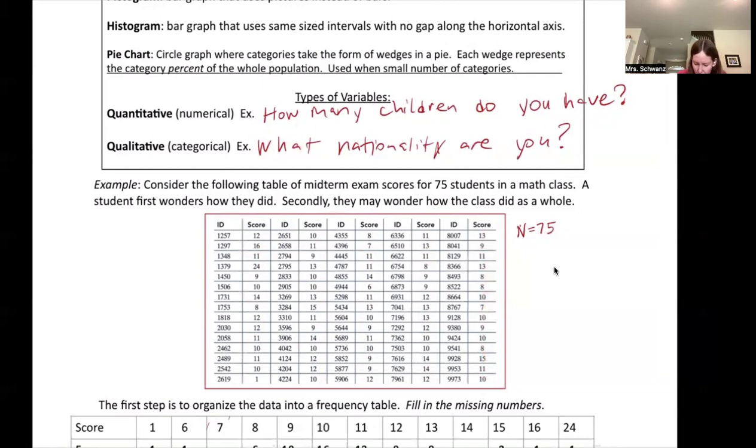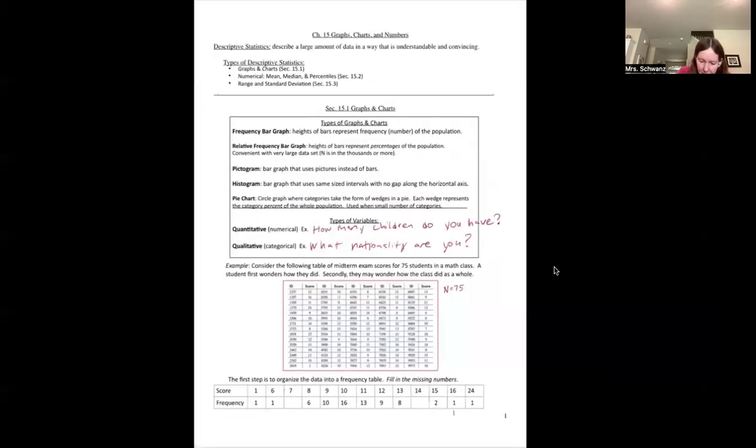So I just saw 2 that had 7, so I'm going to put a 2 down here. Let me double check it one more time.